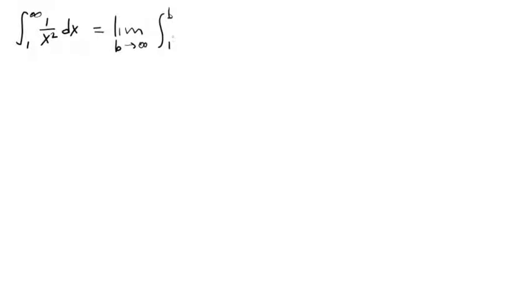Now I'm also going to make a little algebraic change here. Okay, this is 1 over x squared, but to evaluate it, I have to make it x to the negative 2 dx. Alright, so this is now the limit as b goes to infinity. The antiderivative of x to the negative 2 is just a power rule, so negative 1 x to the negative 1 from 1 to b.